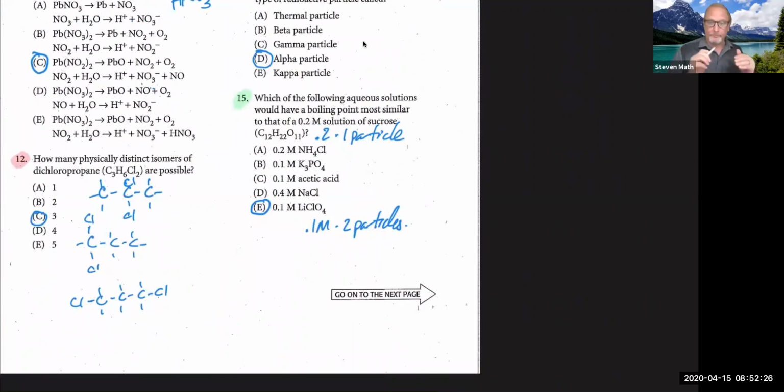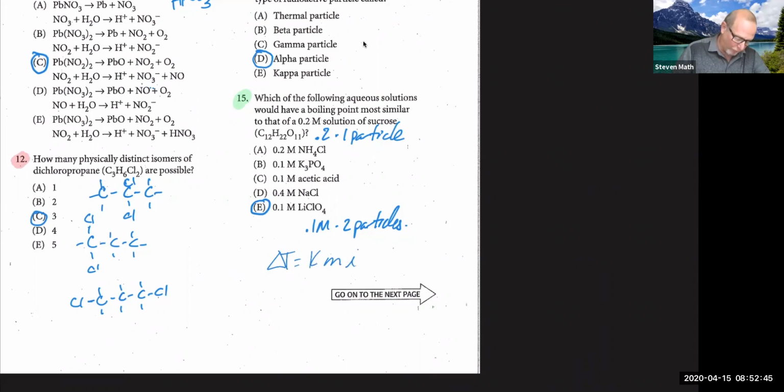And this is solutions and number of ionic particles. So it says, which of the following is going to have a similar boiling point? So when we talk about boiling points now, we're talking delta T equals K m i.